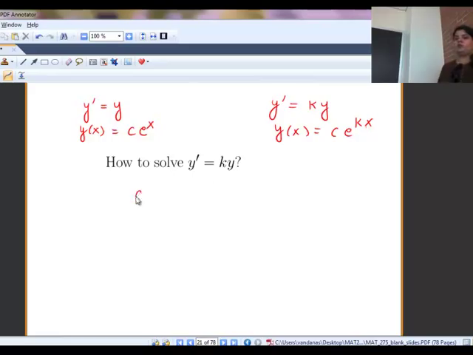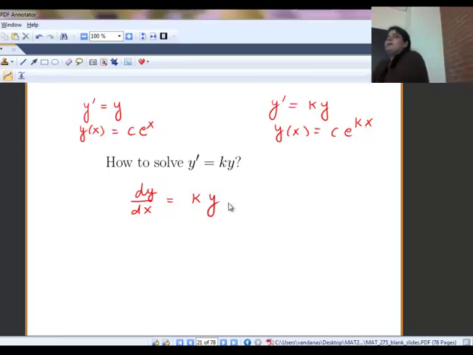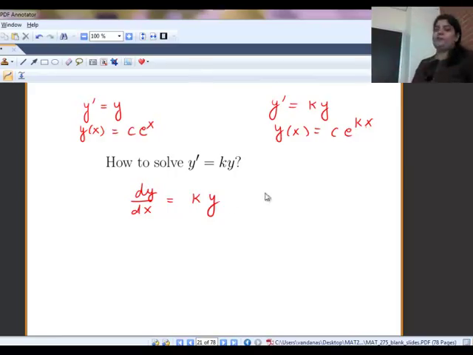So first of all, is it a separable differential equation? What do you think? What is fx? What is gy? If it has to be separable, then you can rewrite this in this form: dy over dx is gy times fx.